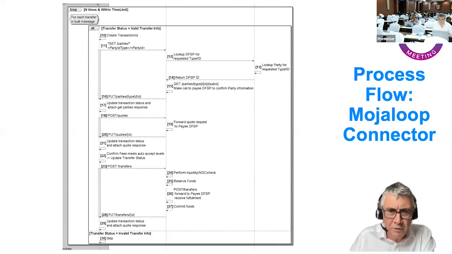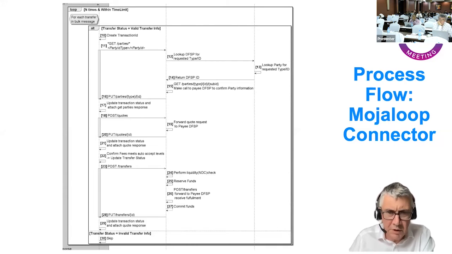We then do a post quotes, and we get a quote request from the payee DFSP and return it back to the Mojaloop connector. We update the transaction status for that individual transaction and attach the quote response, and we add the fees in to the total fees for the entire bulk transfer. We then do a post transfers for that individual transfer.